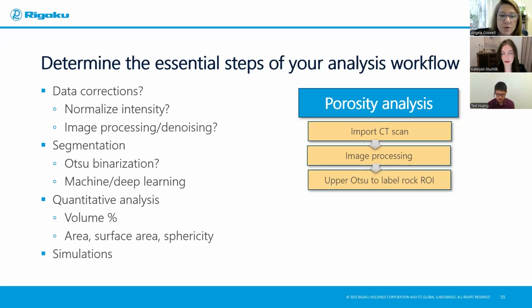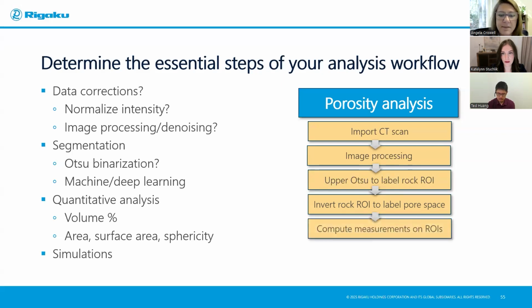So I'm going to use Otsu, and I'm going to label the most intense voxels as rock. And I'm going to invert that and label everything else as pore space. Keep in mind, if you have mounting material in your image, you may treat these steps differently. And then I'm going to compute some measurements on the regions of interest. And I may go on to do additional steps, maybe thickness analysis of ROIs and things like that.